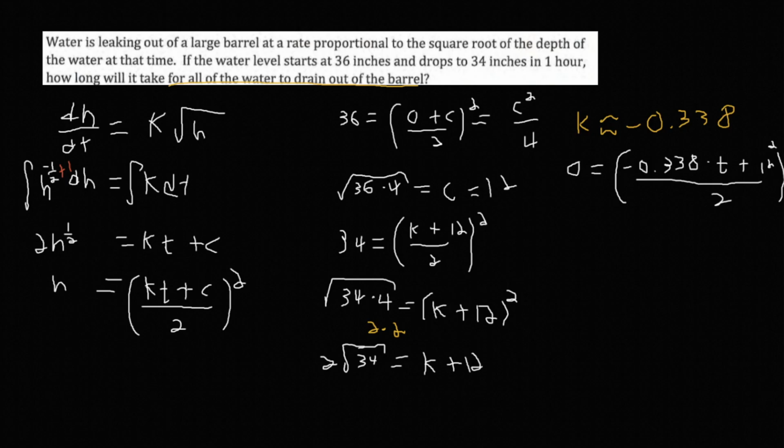We can now multiply the 2 squared to the other side because it doesn't really matter. So it's still 0 is negative 0.338 t plus 12, squared.